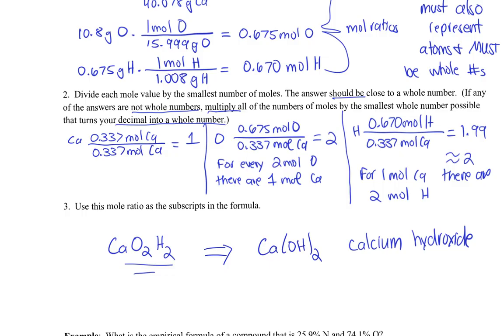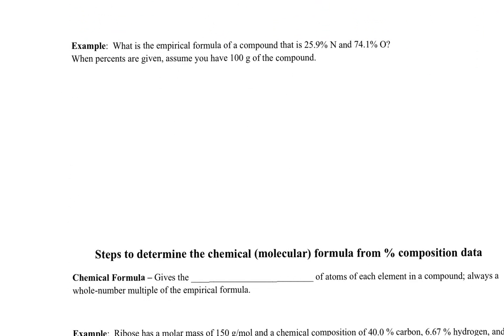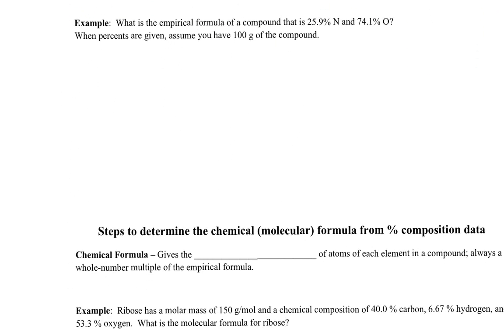Okay, we have one more example problem, and this one says, what is the empirical formula of a compound that is 25.9% nitrogen and 74.1% oxygen? Here we have the actual percent composition data that came from the lab.